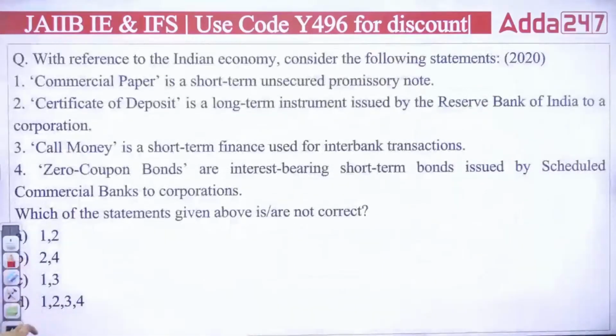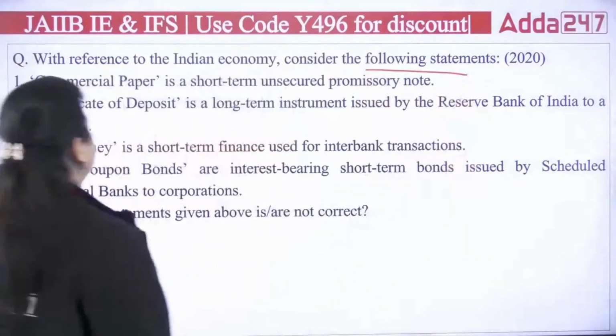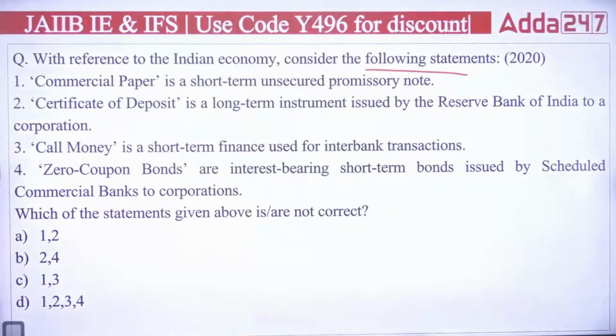Chalo, next. With reference to the Indian economy, consider the following statements. First is saying commercial paper is a short-term unsecured promissory note. Second, certificate of deposit is a long-term instrument issued by Reserve Bank of India to a corporation. Third, call money is short-term finance used for interbank transaction. Fourth, zero coupon bonds are interest-bearing short-term bonds issued by scheduled commercial bank to corporation. Which of the statements given above is not correct?